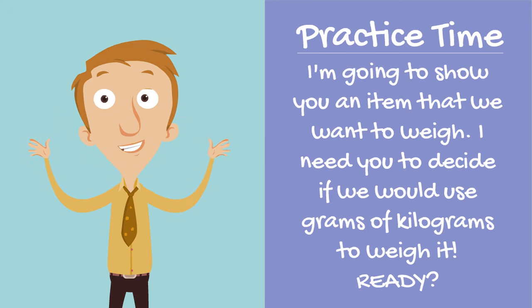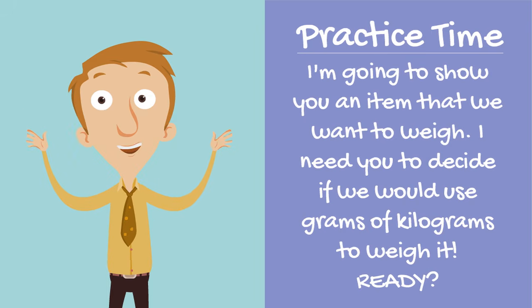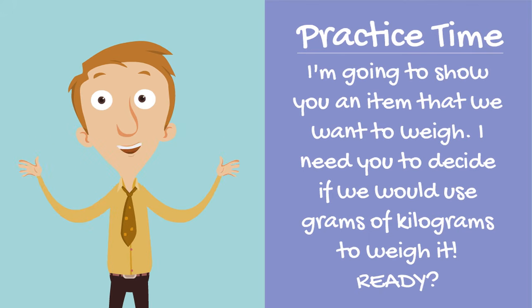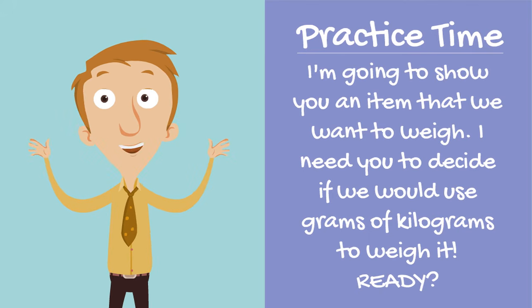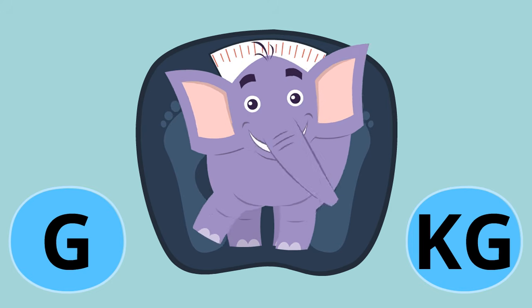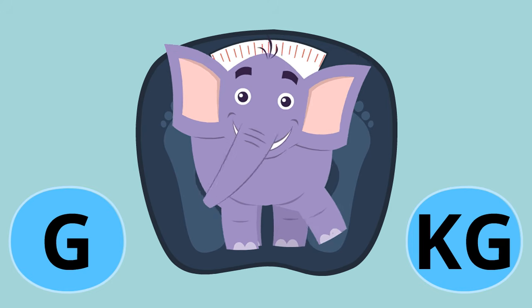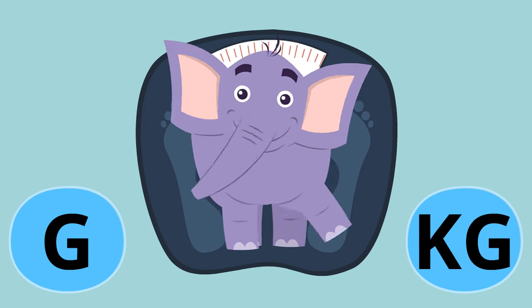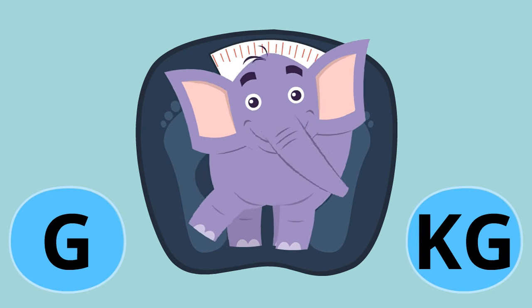I'm going to show you an item that we want to weigh. I need you to decide whether we would use grams or kilograms to weigh it. You ready? Okay, here's your first item we want to weigh. Would we use grams or kilograms to weigh this elephant?